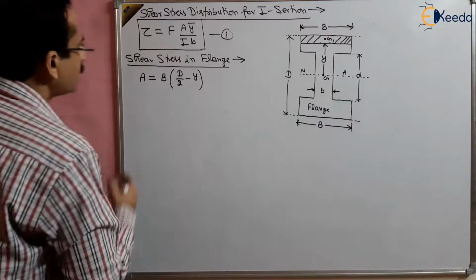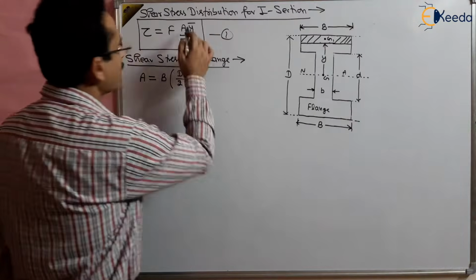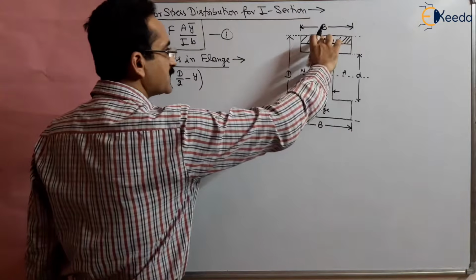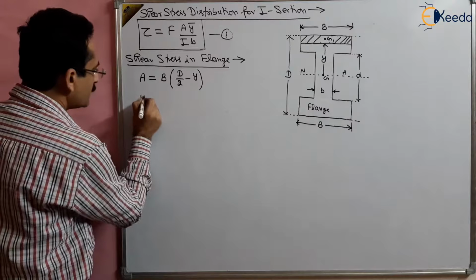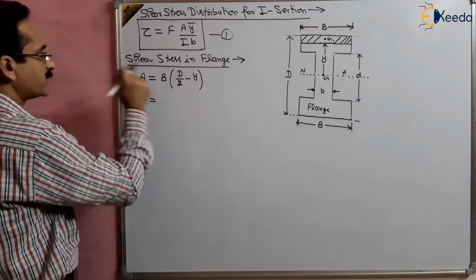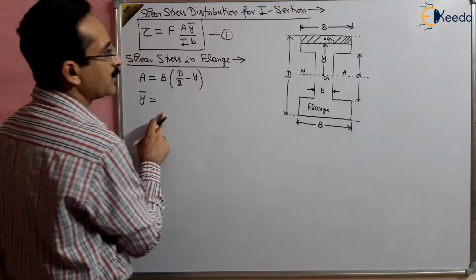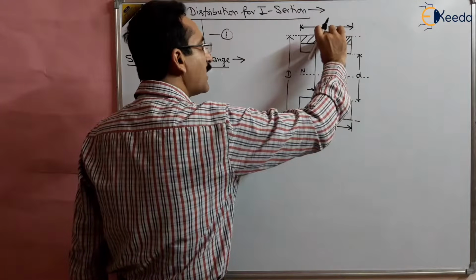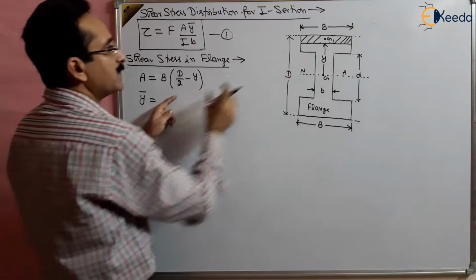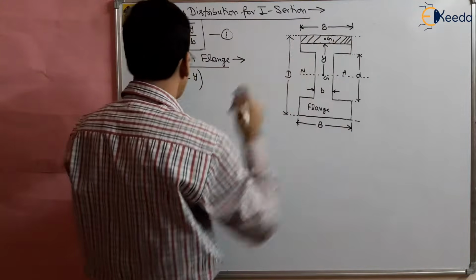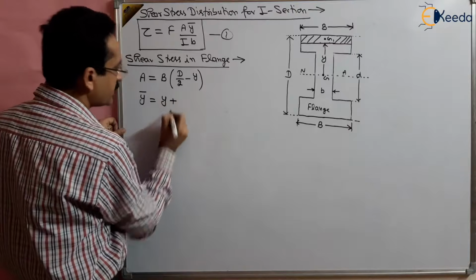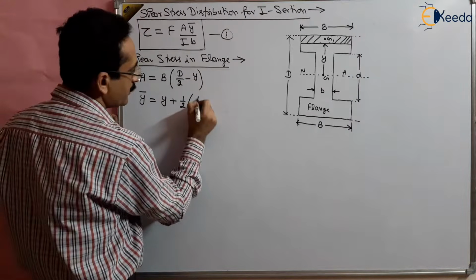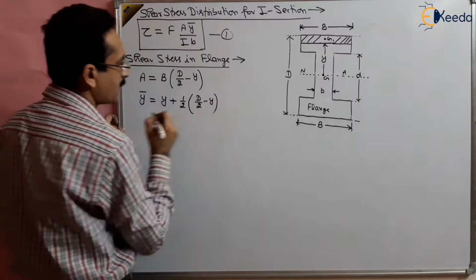Now we want to find the y bar, the distance of the centroid of this area from the neutral axis, so that we can find the moment of this area, right? So what is y bar? It is y plus half of this small thickness, that is y plus half of (d by 2 minus y).